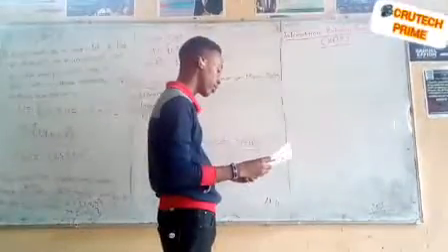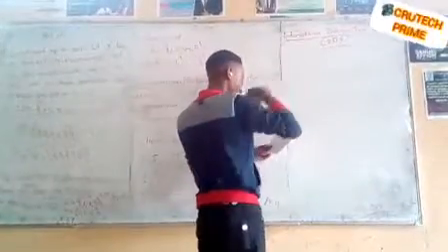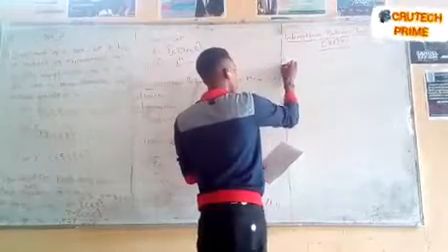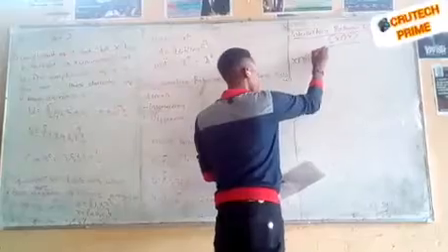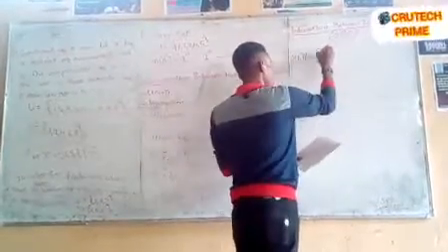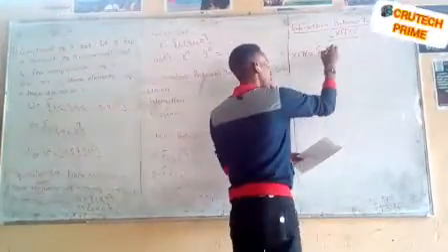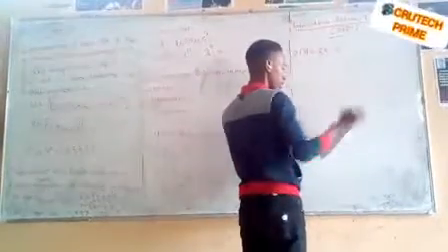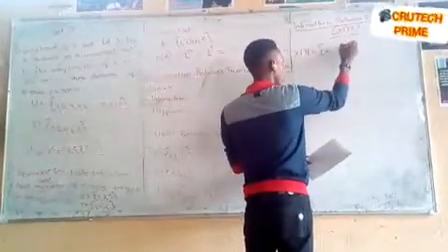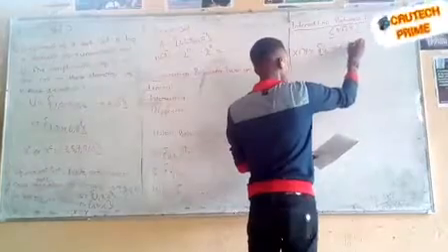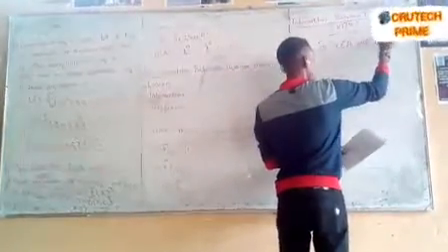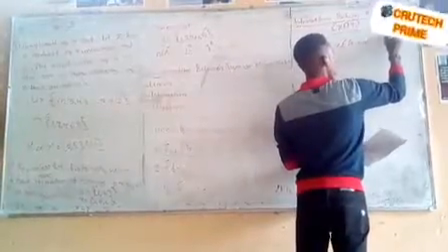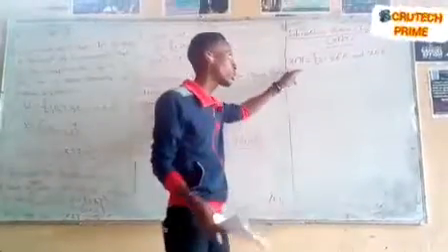Now let's say X intersection Y equals to the elements x such that x is an element of set A and x is an element of set B. Now, this is what it means.